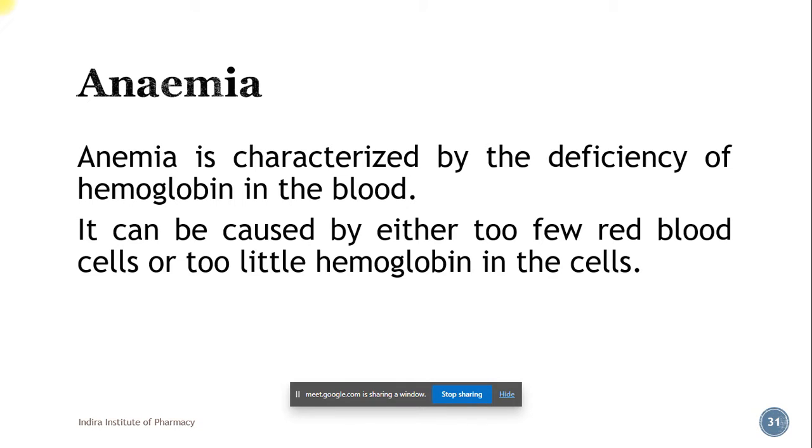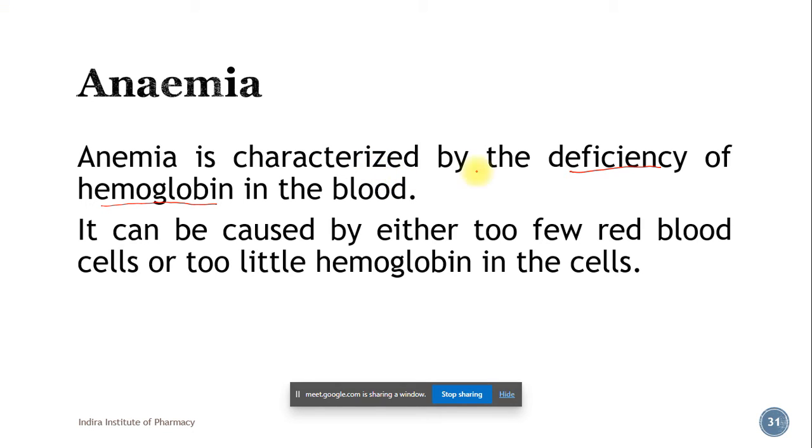So anemia, you might think that there is a mistake in the spelling itself. Anemia is characterized by the deficiency of hemoglobin in the blood. So it is the deficiency of hemoglobin that defines anemia.